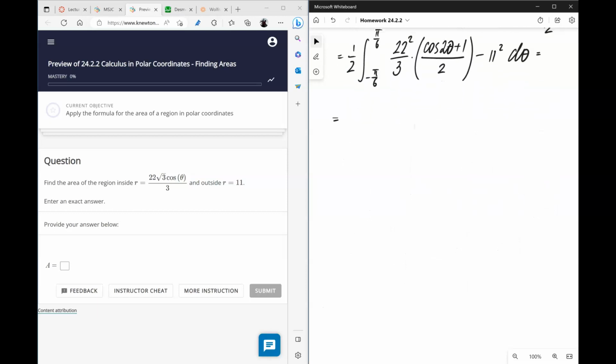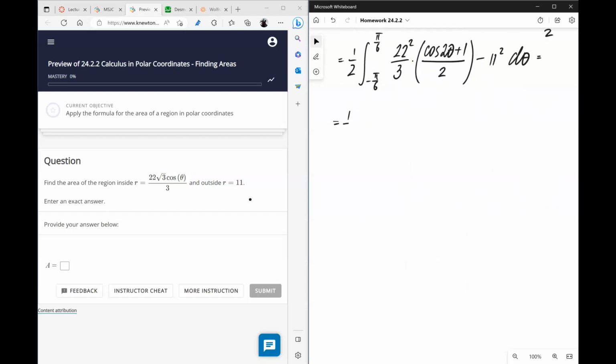Simplifying this further, I'm going to distribute 22 squared. 22 squared is 11 squared times 4, but that 4 divided by 2 is just 2.